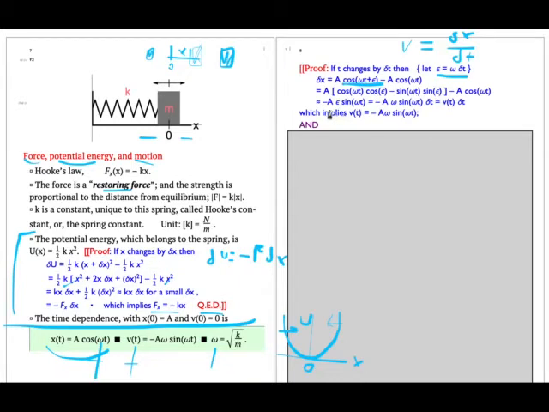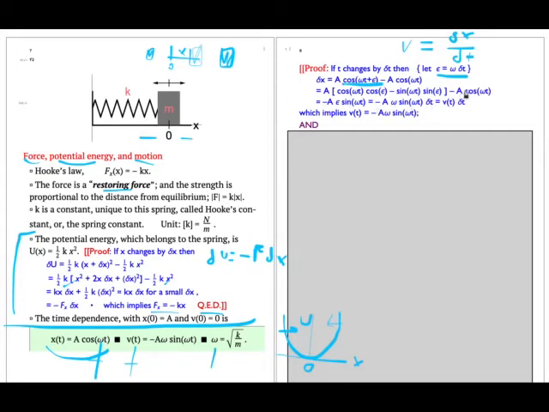So this term becomes minus a epsilon sine omega t, approximately, but it's a good approximation for a small time interval. And epsilon is omega delta t, so this is minus a omega sine omega t times delta t.